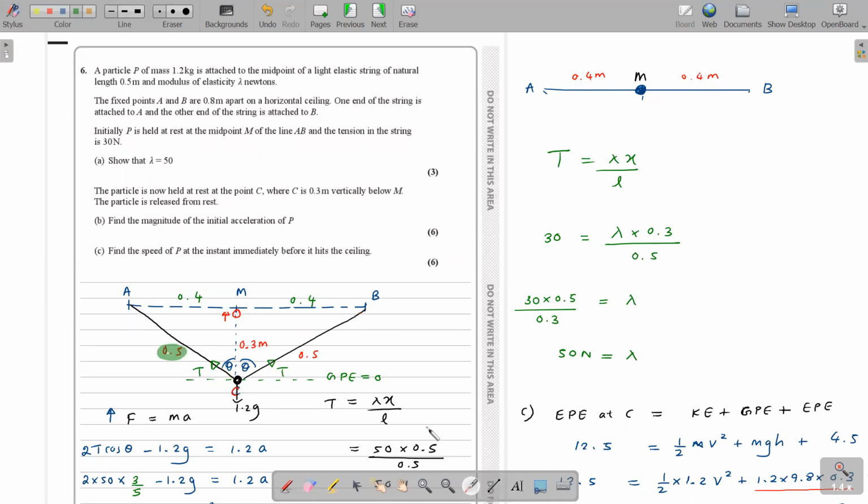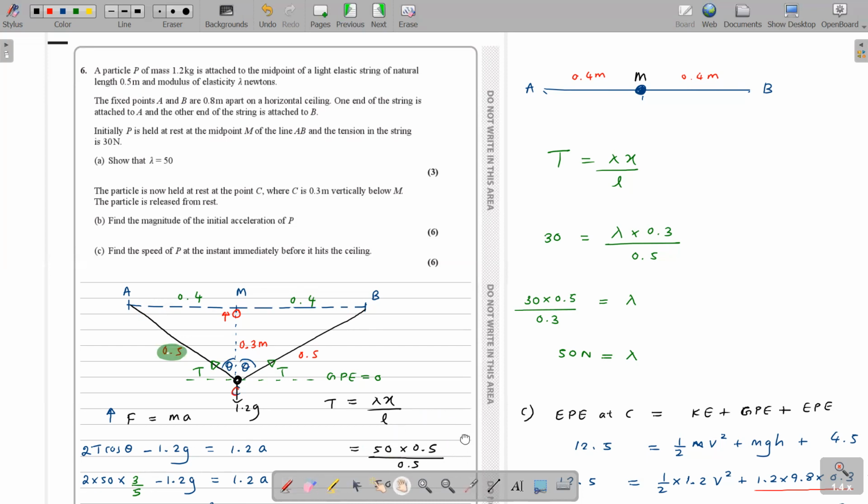So now the total length of the string is 1 meter, and you can use tension equals lambda x over L. You know your lambda value; we found it as 50. The x is the extension beyond the natural length. The natural length is 0.5, so if the whole string is 1 meter, the extension is 0.5, over the natural length of 0.5 meters.